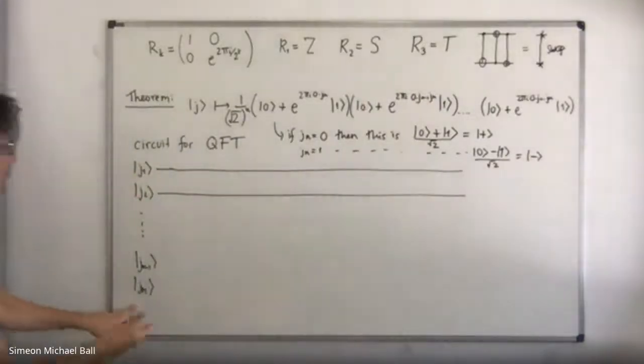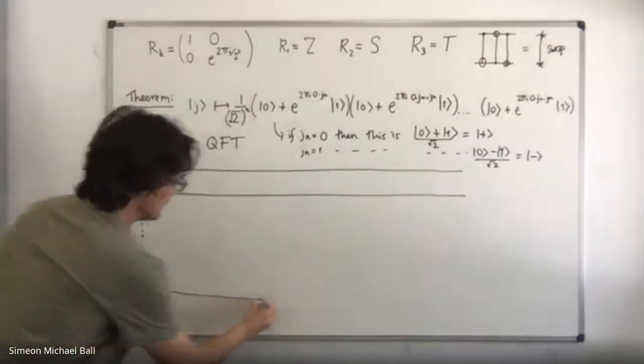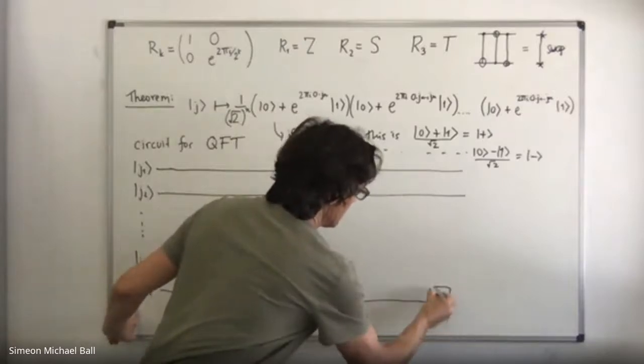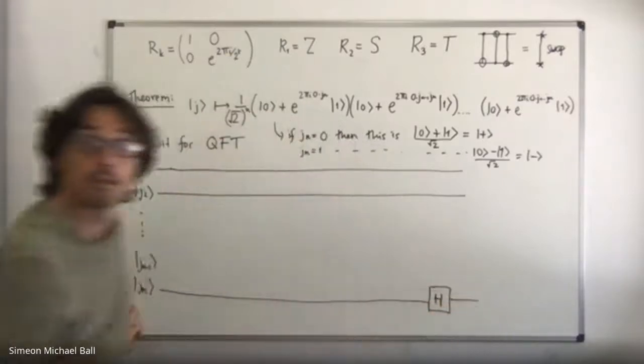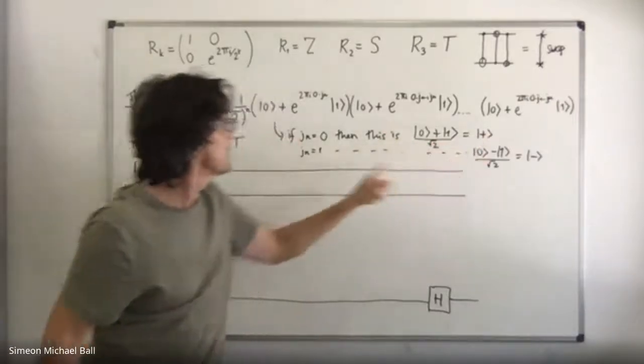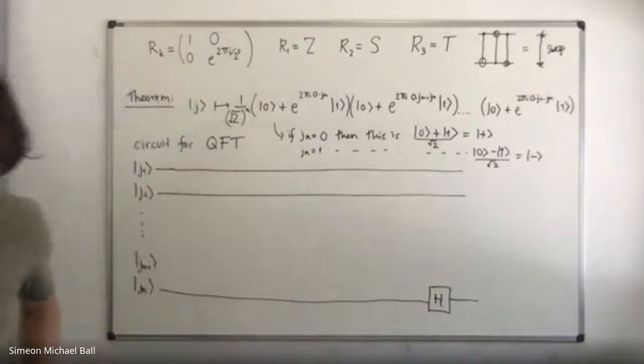So what we've got to do in this wire, let's do it again, is a Hadamard. And we take 0 to the plus and 1 to minus.